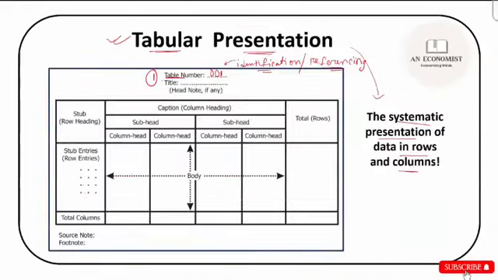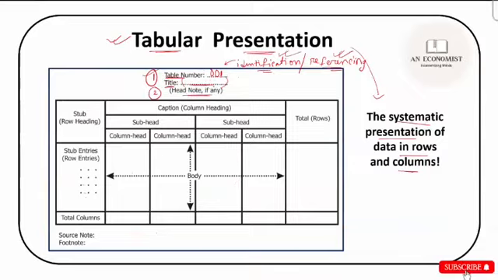Every time you want to use this table somewhere inside your paragraph or in your report, you just have to give the table number so that you can use it for referencing and also for the identification of the table, right? So this is the first component of a table. The second would be the title of a table. You should give a suitable title for the content of your table. This is very important. Every table should have an appropriate title that should be precise and to the point.